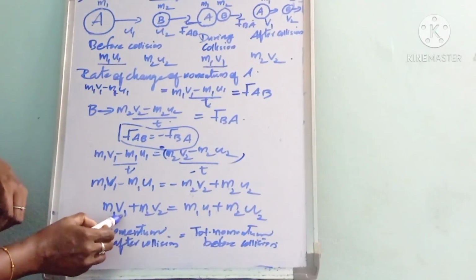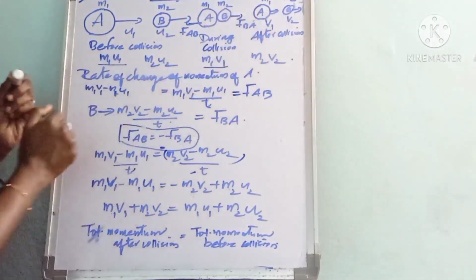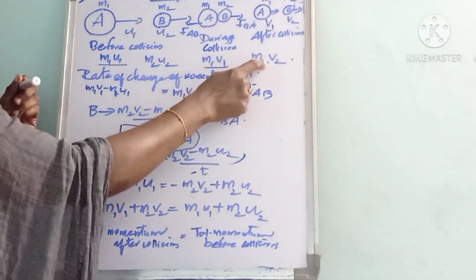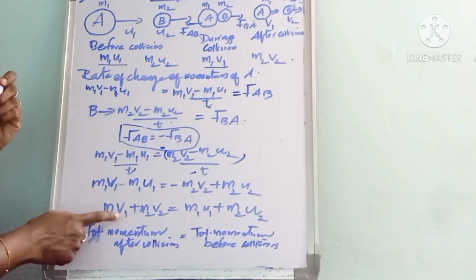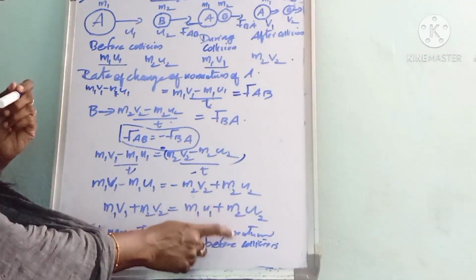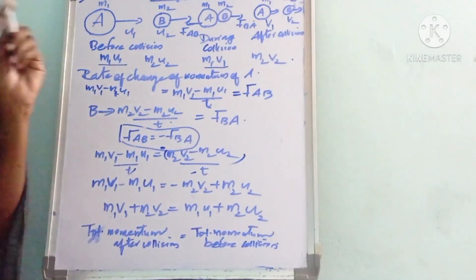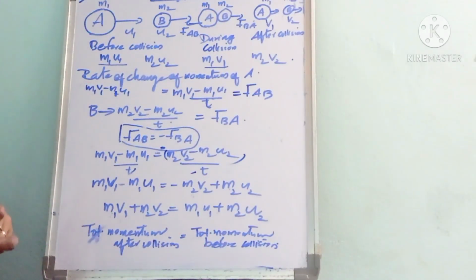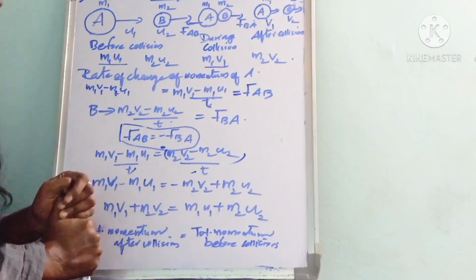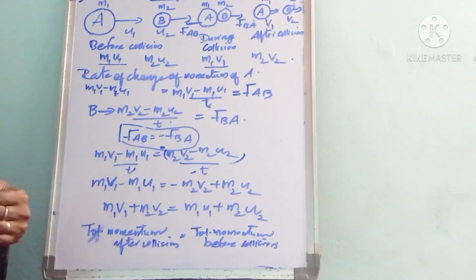Then m1v1 plus m2v2 is the total momentum of the two objects after collision. After collision, the first object's momentum is m1v1 and the second's is m2v2. And m1u1 plus m2u2 is the total momentum before collision. So the total momentum remains conserved. Total momentum after collision is equal to total momentum before collision. Thus we proved the law of conservation of momentum based on Newton's third law.